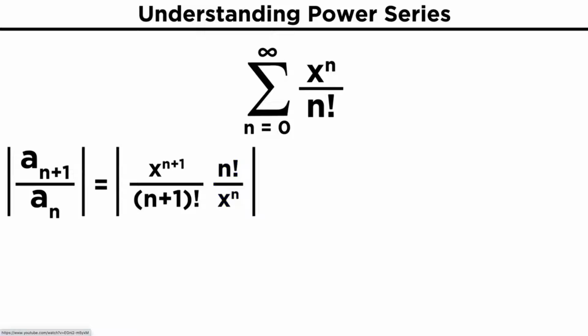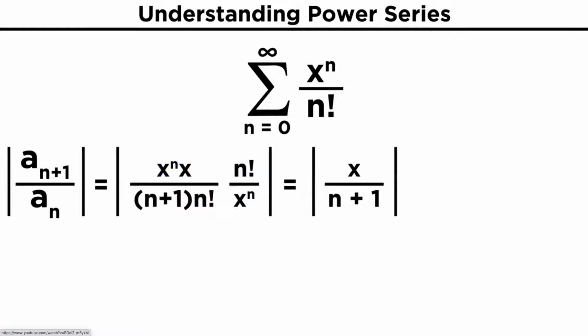We've simplified something like this a couple times by now, so let's change n plus 1 factorial into n plus 1 times n factorial. And let's change x to the n plus 1 into x to the n times x to the 1. Most of this cancels out, and we are left with x over n plus 1.